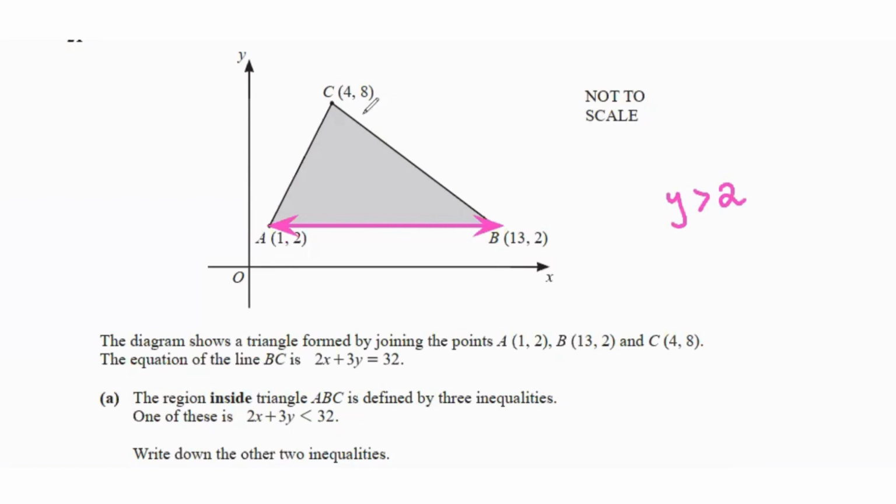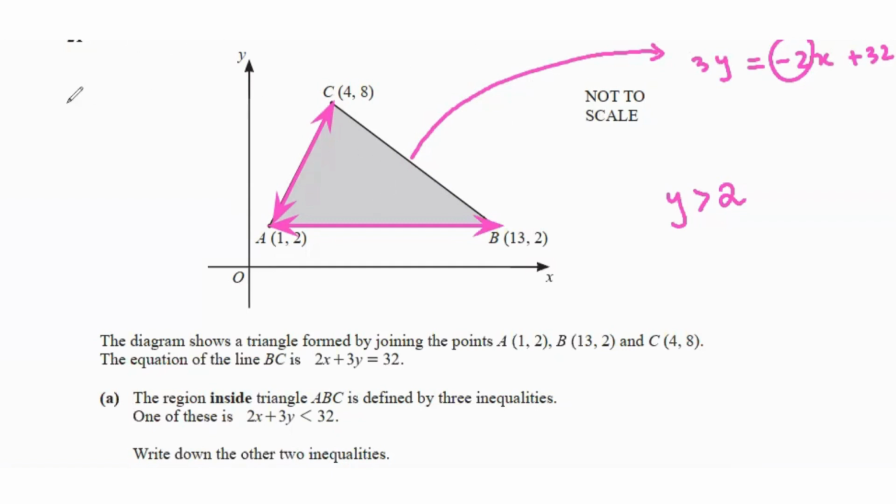Then for the other line, I'm going to find the equation. Why do we have to find this line? Because the other one, 3y equals negative 2x plus 32, has a negative slope, and this line has a negative slope too. So that is the equation for that line. This line over here, AC, has a positive slope, which means we have to find this line.